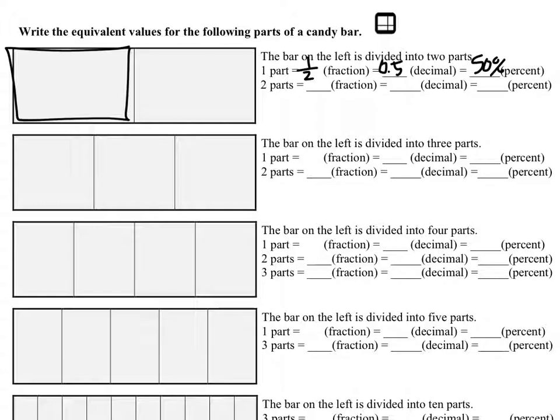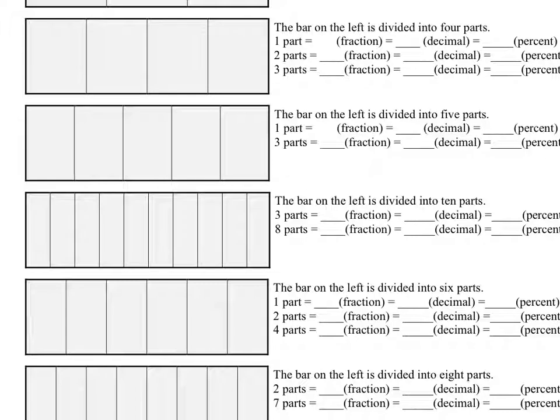All right, the next one, 2 parts, includes both parts. So there'd be 2 out of the 2 pieces. So the decimal is 1 or 1.0, which means that it would be 100%. All right, now this bar has been broken up into 4 pieces. So one part would be 1 out of 4 pieces, and that decimal is 0.25, and the percent is 25%.